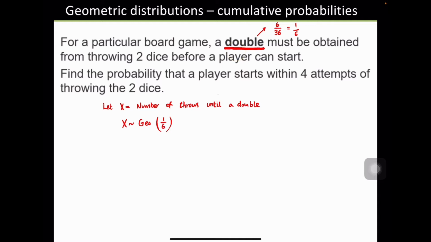Within 4 attempts means they have had their success in their first attempt, second attempt, third attempt, or fourth attempt. So now I'm going to write the probability that X is less than or equal to 4.